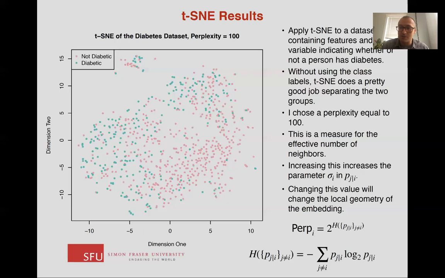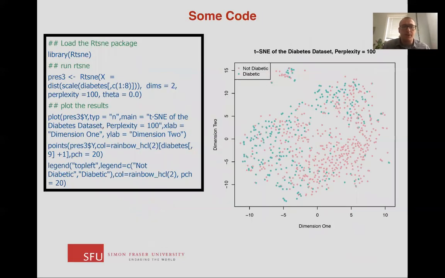What is good to know is that we have these p_j|i in here, and remember the p_j|i are functions of the sigmas, and so that's how they're all related. But if you understand that increasing the perplexity is similar to increasing K in Isomap, then this will make some sense.